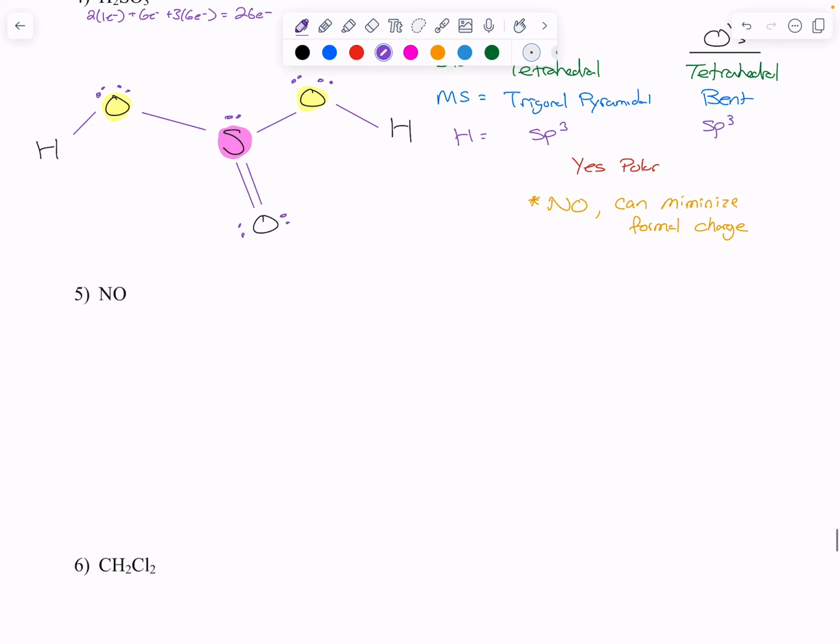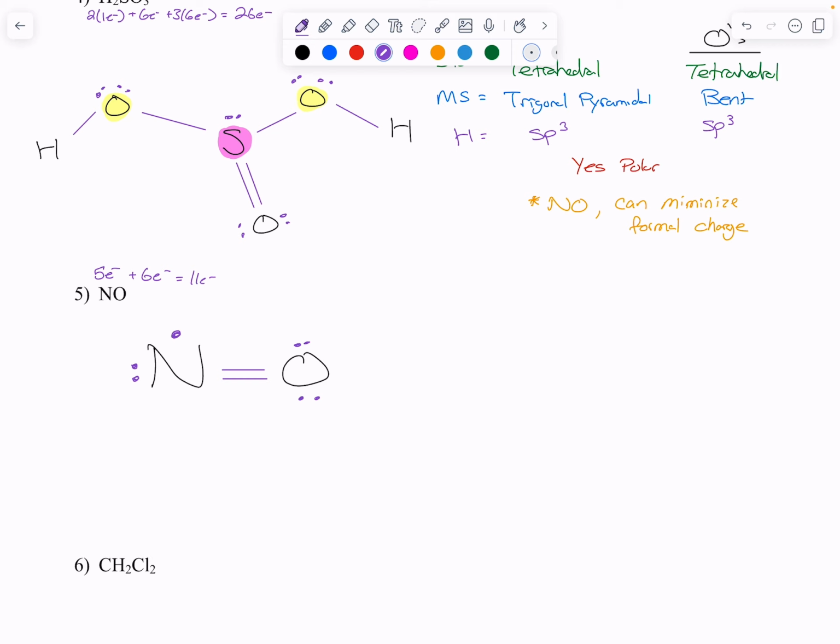All right, NO, nitrogen monoxide. I have 5 electrons plus 6 electrons. Gives me 11. All right, so let's look. 2, 4, 6, 8, 10, 11. Well, I can probably do this. All right.